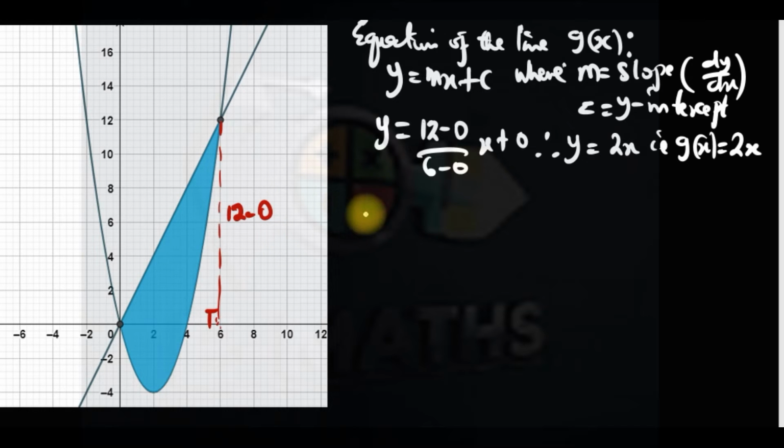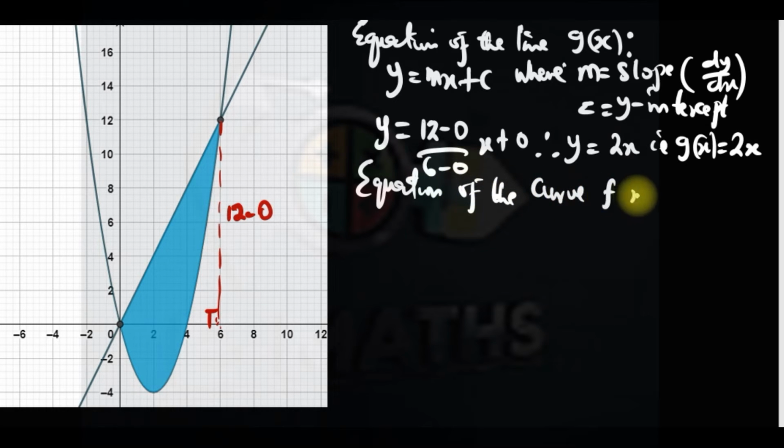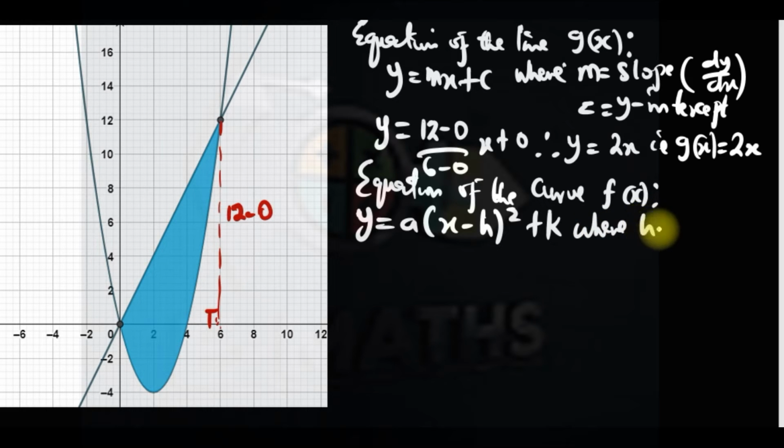So let's get the equation of the curve. Let's call it f of x. How do you remember? The equation of any quadratic curve is given by y equals a times x minus h squared plus k, where the coordinate (h, k) is the vertex.